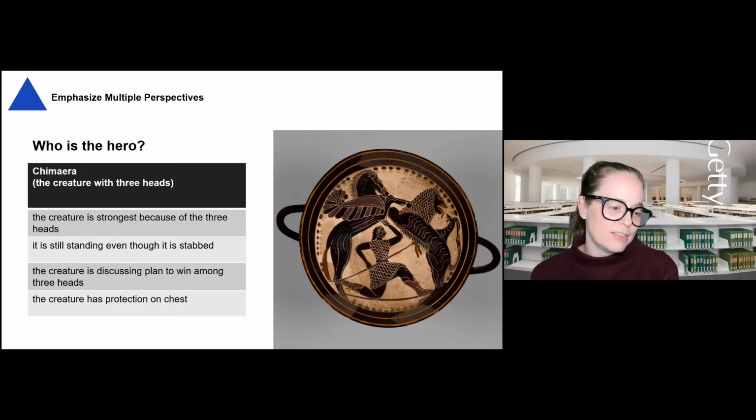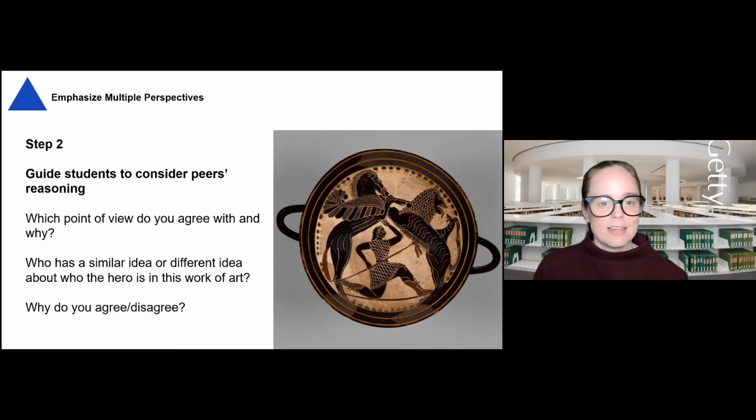And then the creature also, maybe where we see the spear hitting the chest, those little triangular wavy things, maybe that's protection. Maybe there's actually some sort of chest piece keeping it safe.